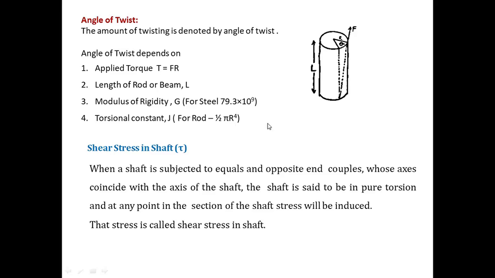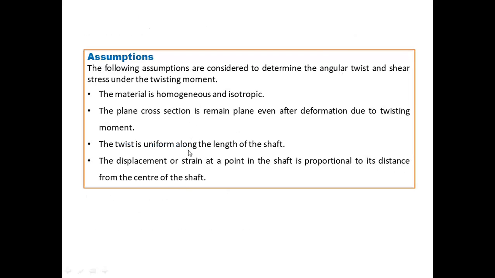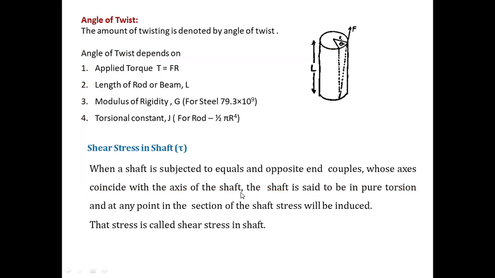Then what is shear stress in a shaft? When a shaft is subjected to equal and opposite end couples whose axes coincide with the axis of the shaft, the shaft is said to be in pure torsion.